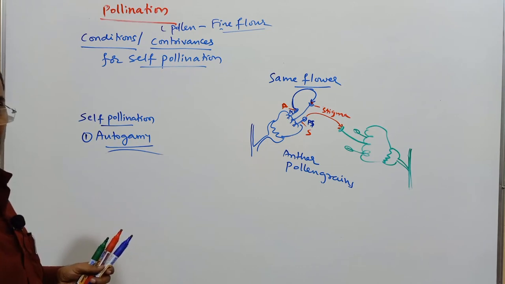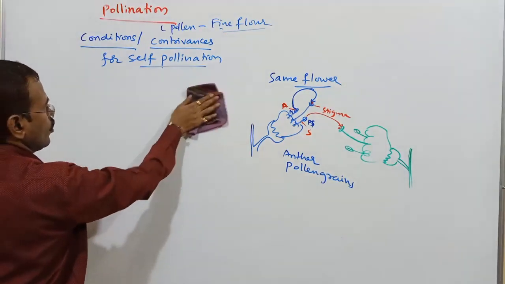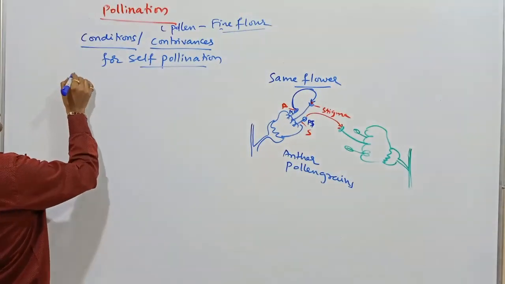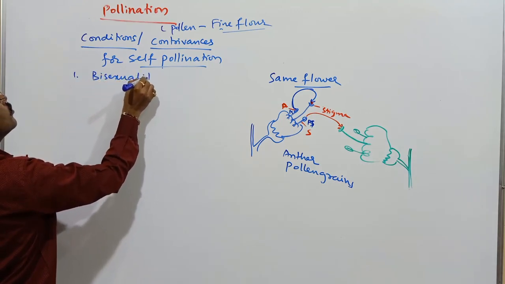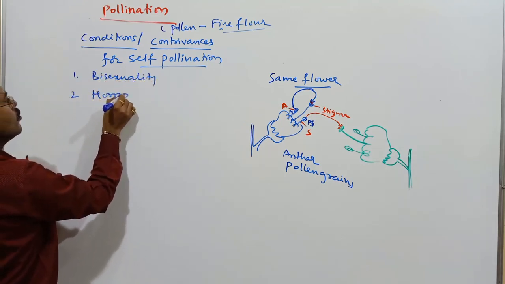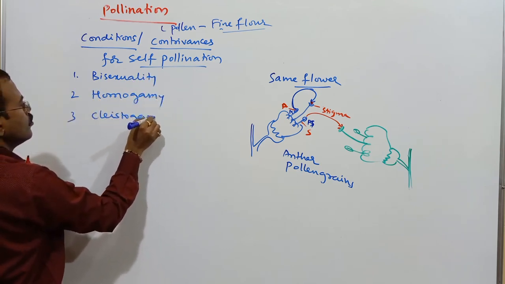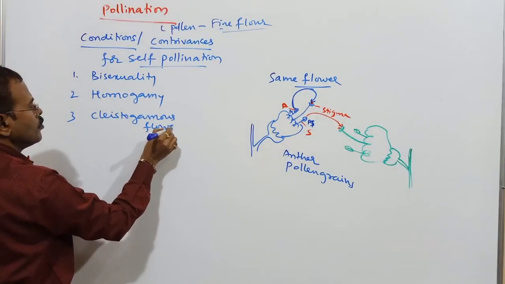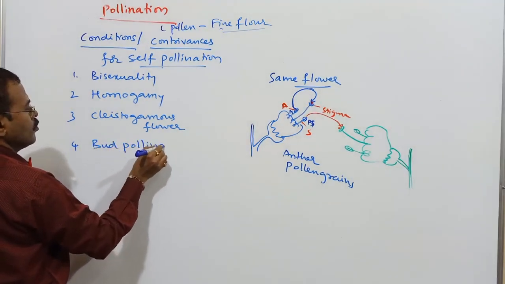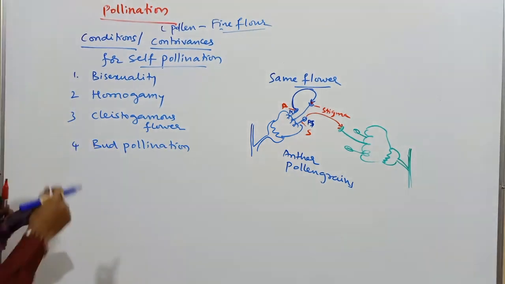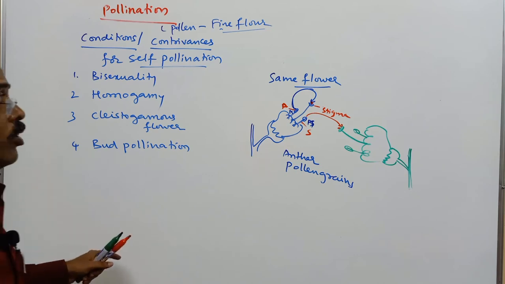Self-pollination and autogamy are both one and the same. So these are the conditions or contrivances which should be there in the flower to achieve self-pollination.